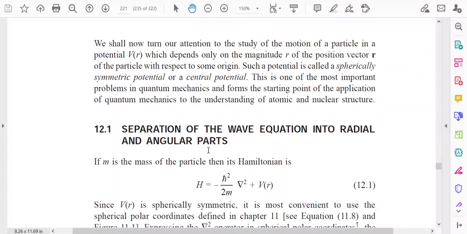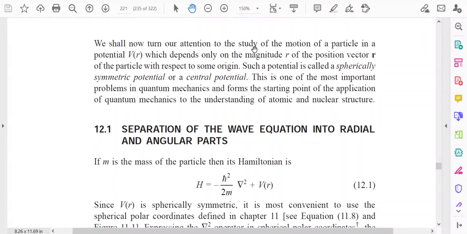Before listening to this lecture, I request you to study those lectures very carefully, because the results that we have derived in the case of orbital angular momentum will be used in deriving the Schrodinger equation for the hydrogen atom. So, let us start our discussion.